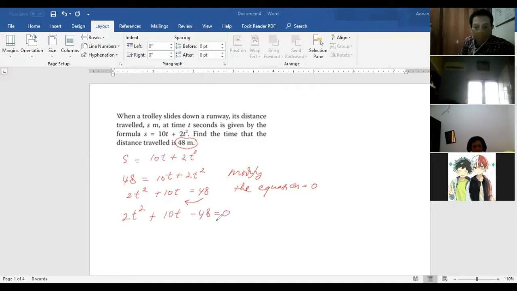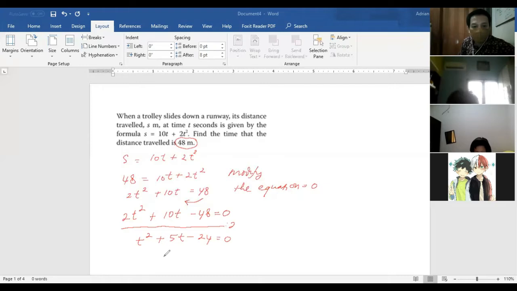Clear, everyone? And then to simplify this equation, you can divide it by 2. So you get t squared plus 5t minus 24 equals 0, right? Clear?